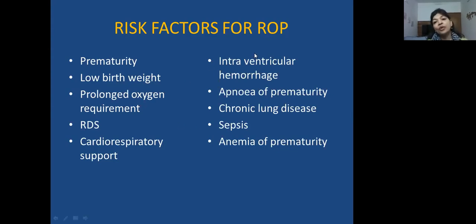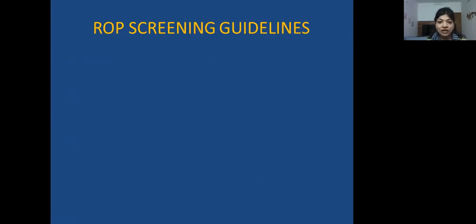All these are important risk factors for ROP, and kids with any of these problems need to be screened for it. And also multiple gestations. The reason why you would need to screen is because a lot of multiple gestations have premature births, and that itself is a risk factor for ROP.